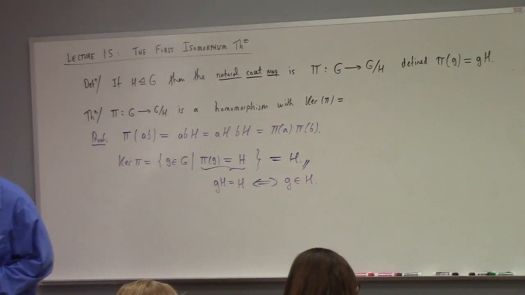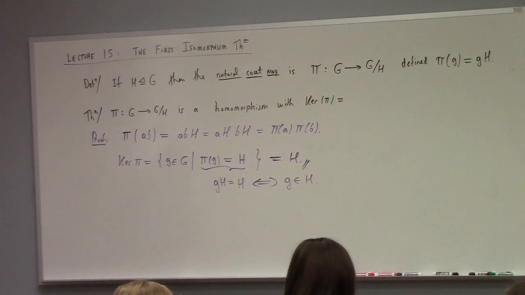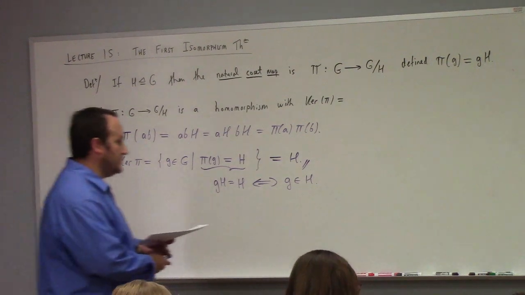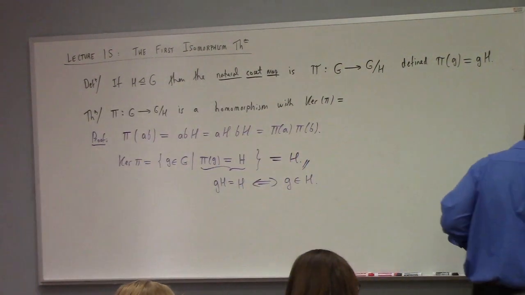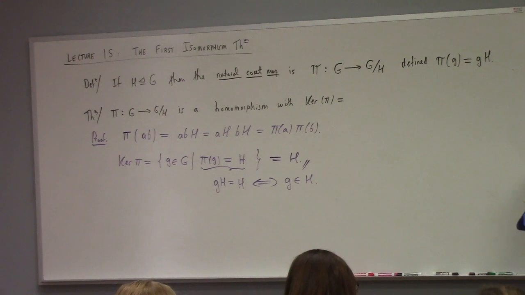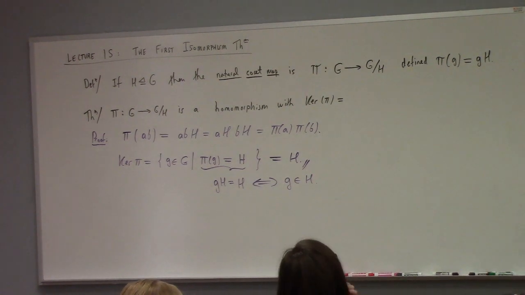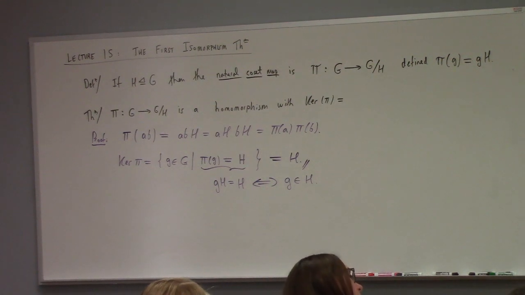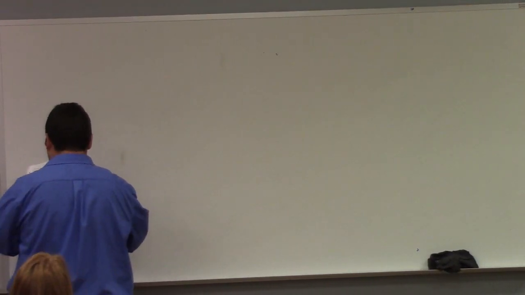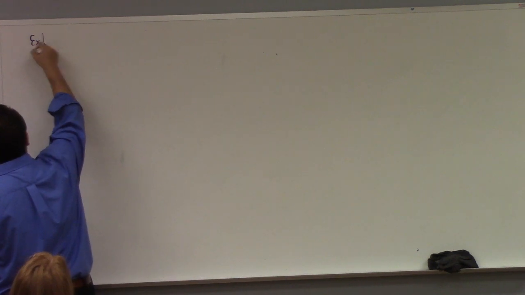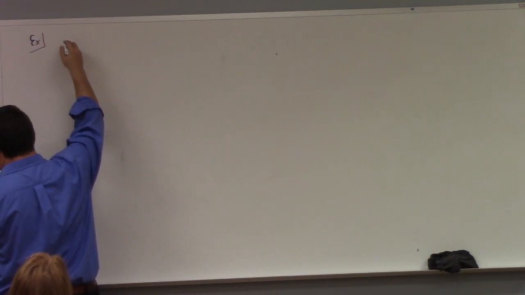So the natural map is a homomorphism, and its kernel is the normal subgroup which we're mapping from to the factor group. Now, I have an example. This is a kind of important example.